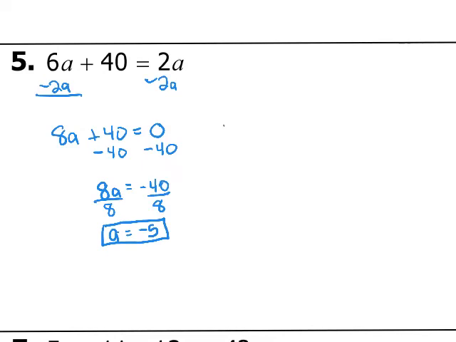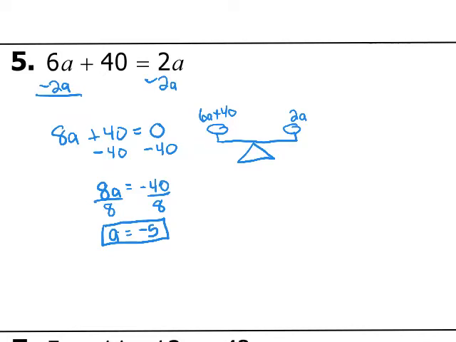Okay? If we have a balance, terrible picture. Looks like some weird alien. But if we have a balance, which is what these equations are, we're saying over here 6a plus 40 is equal to 2a. Okay?